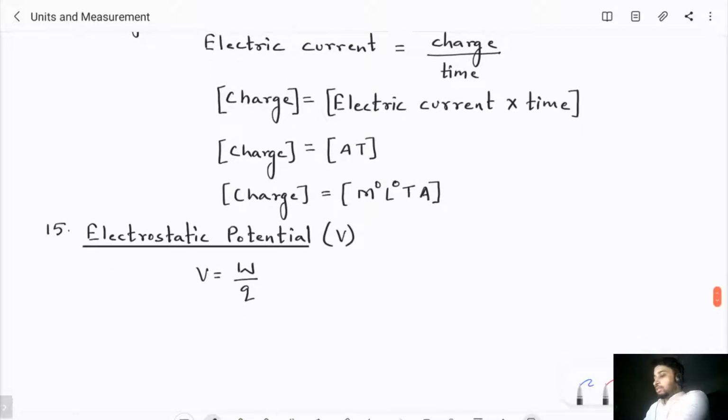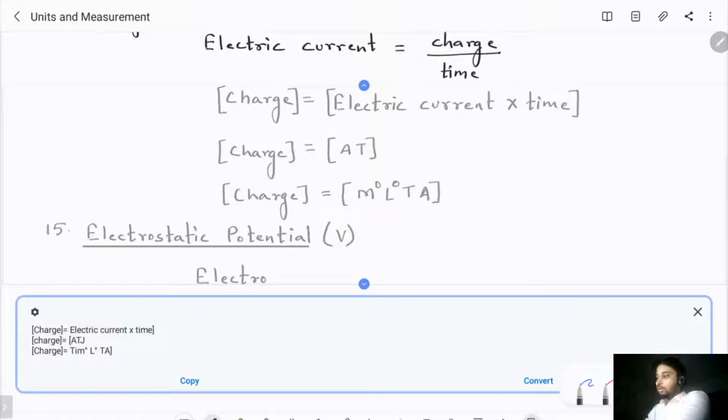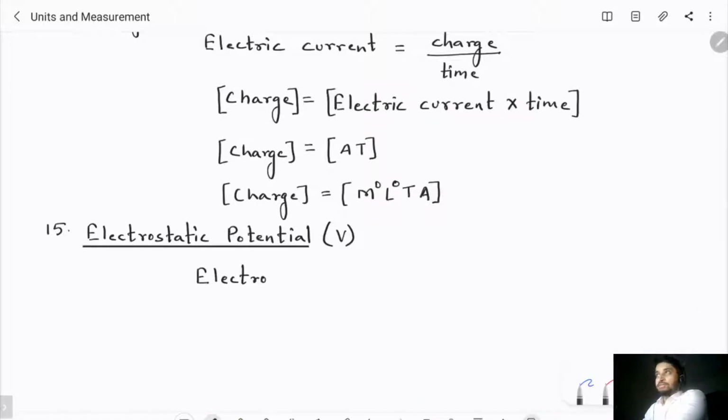So you must have studied in 10th standard that electrostatic potential at any point is the work done in bringing a unit charge from infinity to the point in consideration, or you can say work done per unit charge.